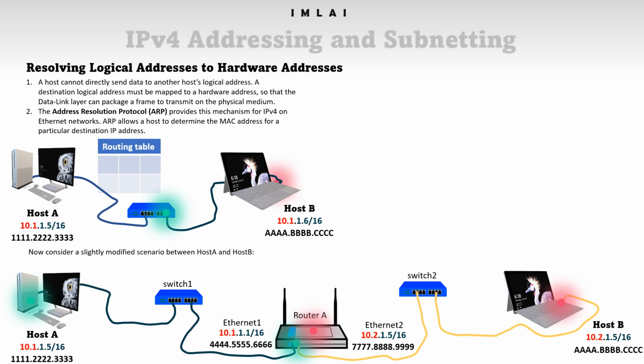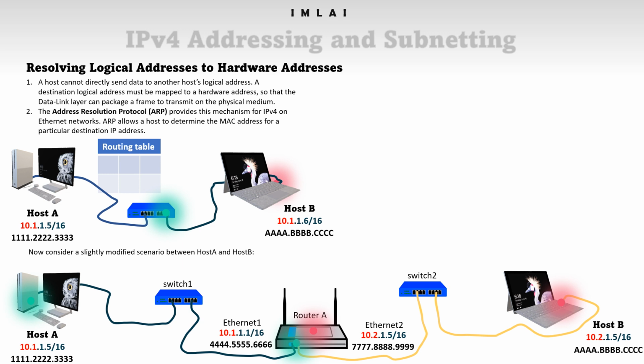Note that as a packet is routed, the source and destination IP address remain unchanged. However, both the source and destination MAC address did change. This is because a MAC address contains no network hierarchy and thus is only significant on the local network. In this scenario, host A and host B could not communicate directly using layer 2 addressing.